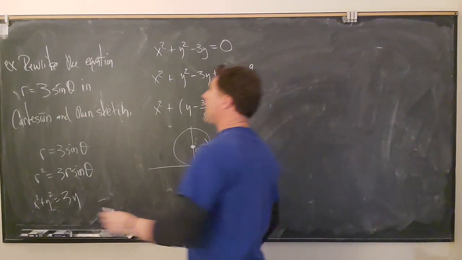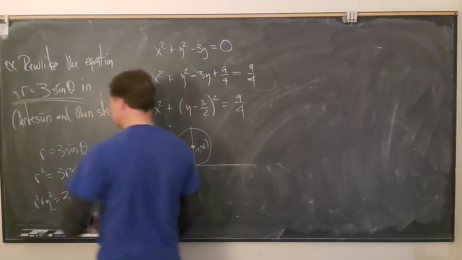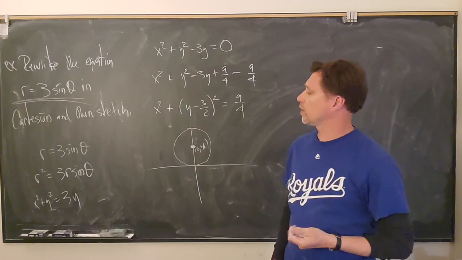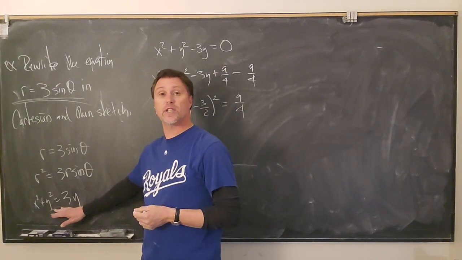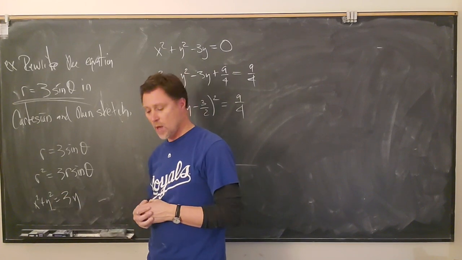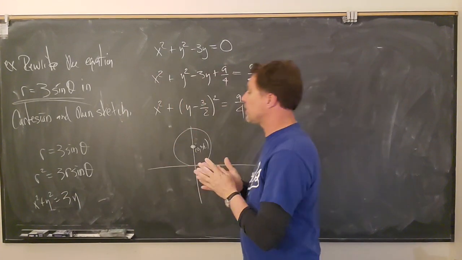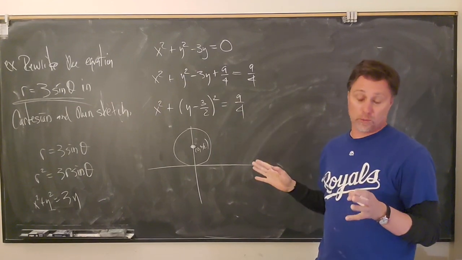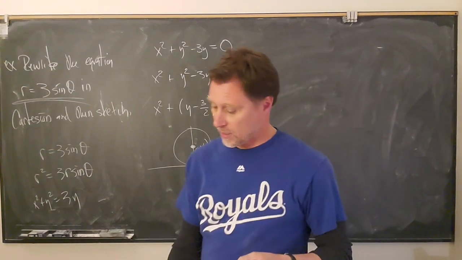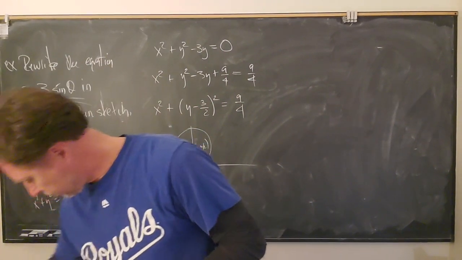Being handed this equation, it was nice to figure out what the actual graph looks like. It was nice that we were able to convert it to Cartesian, and from there we were able to sketch. We're going to encounter situations where we won't be able to convert to Cartesian, and we're still going to want to be able to sketch these. That's what we're going to work on next.